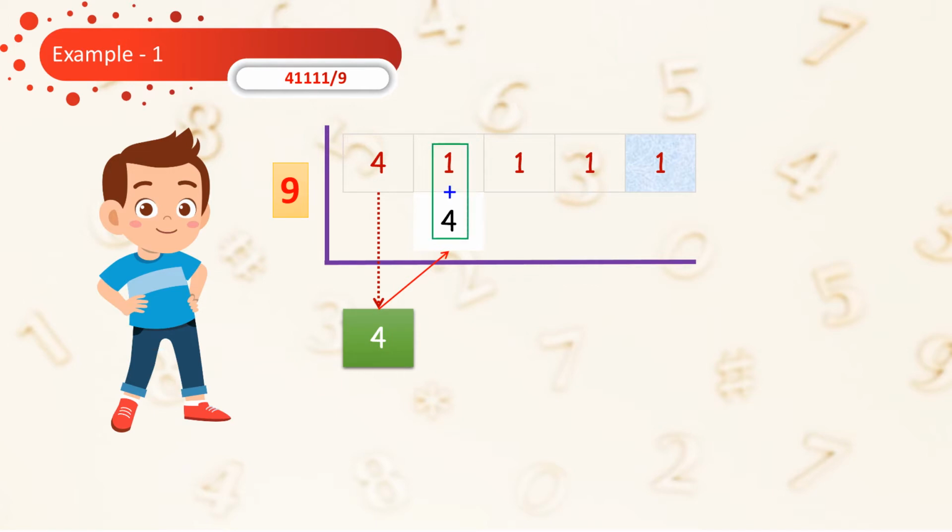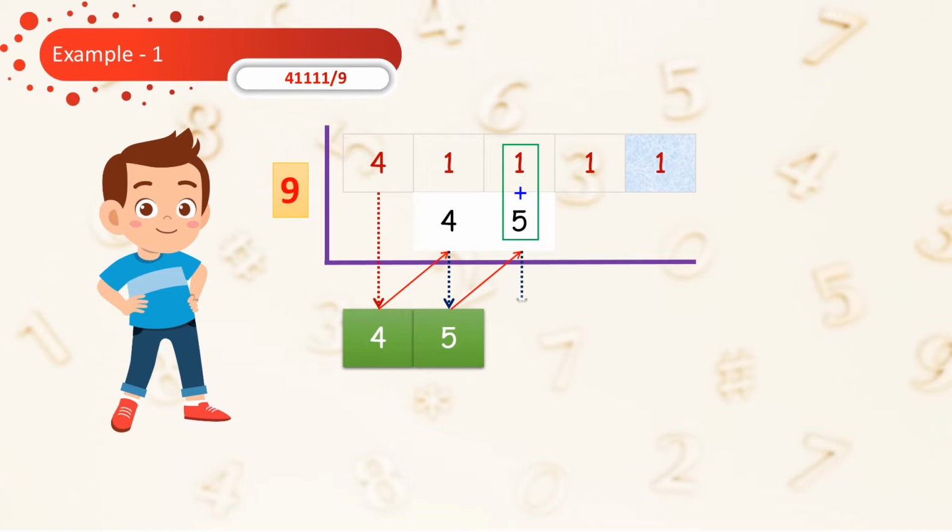You now add the numbers 1 and 4. 1 plus 4 gives 5. You repeat the same process for the other numbers. You take the number 5 now and put it below the next one and add 1 and 5 together. 1 plus 5 gives 6.